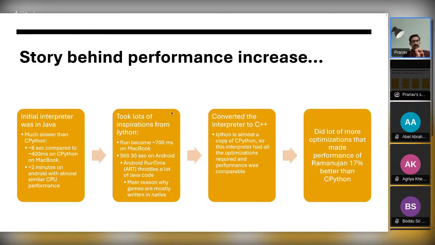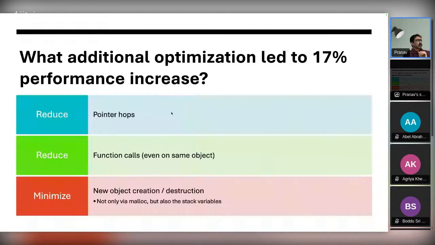So I started to do lots of optimization, which was required, and the result is that Ramanujan, the interpreter, is now 17% faster than CPython. Now, an overview of what additional optimizations led to this 17% increase.